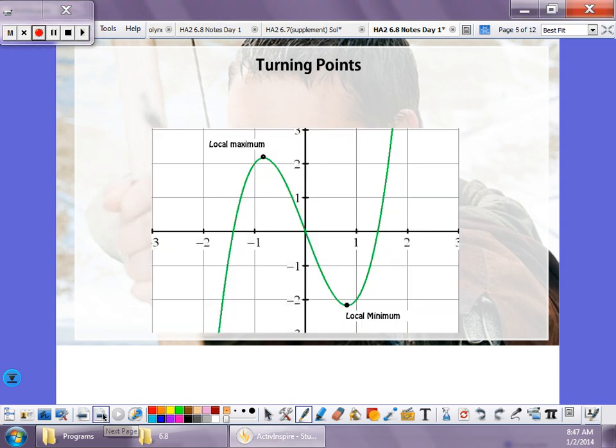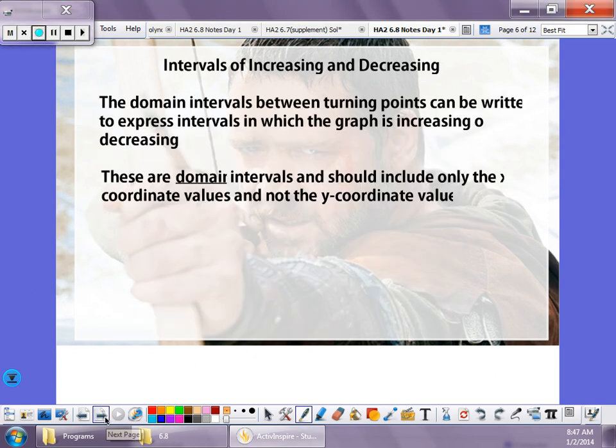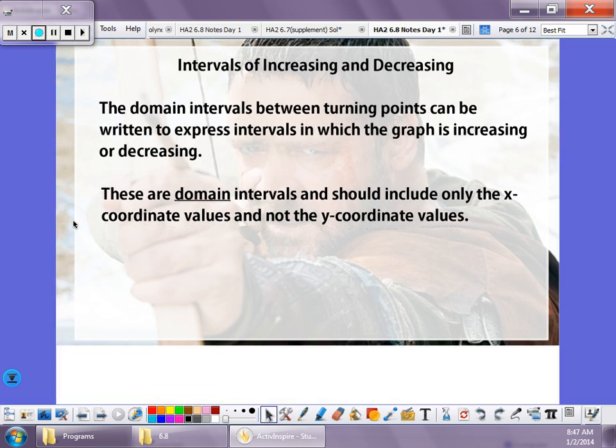All right, the last thing we're going to look at with these graphs for today is increasing and decreasing intervals. Okay? So here we're looking left to right. So we're going to look at a graph from left to right in reference to our turning points. So you would say, and this is when we talk about increasing, decreasing intervals, we use x coordinates to describe them.